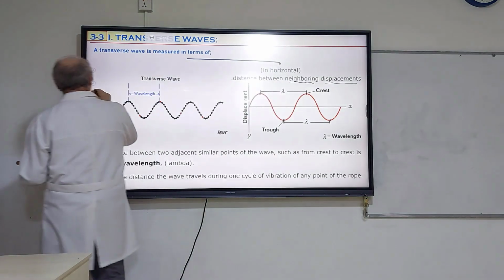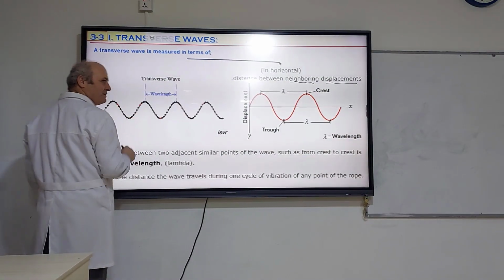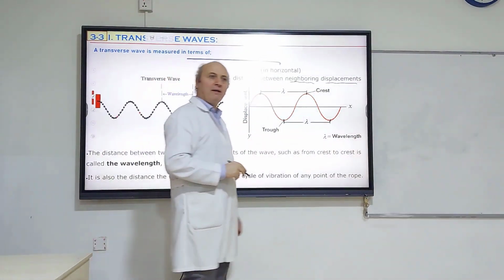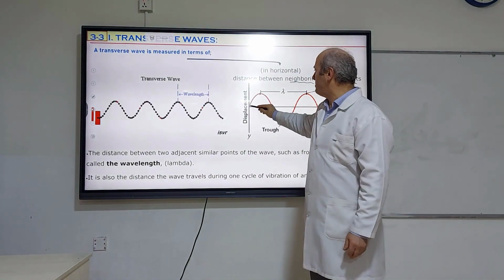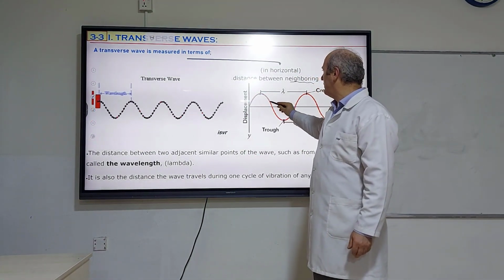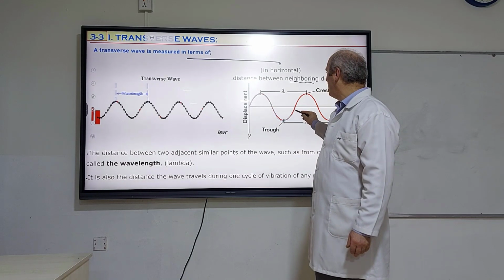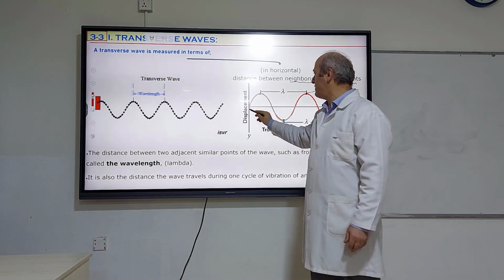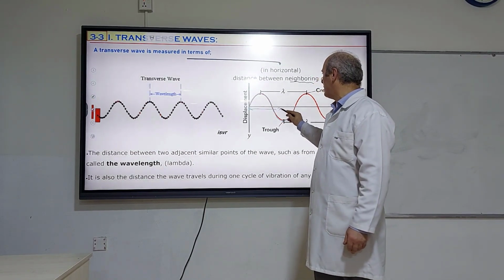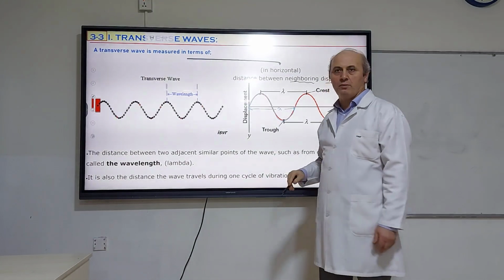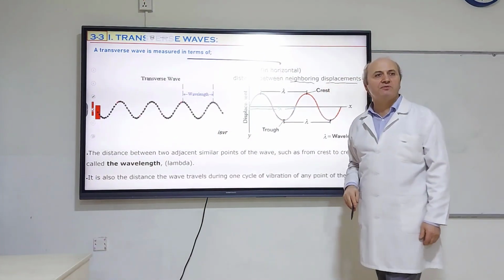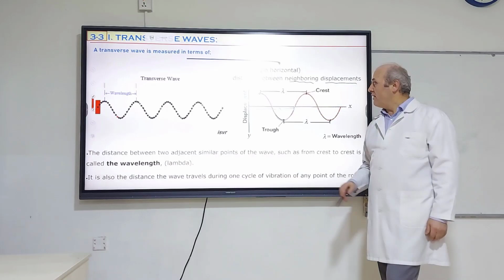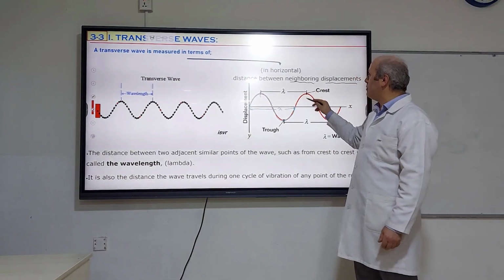We learned it at the beginning: there must be one pulse up, one pulse down. This is a complete wave. So from here to here, also one lambda. The length of a complete wave is one lambda. From here to here, also one lambda.